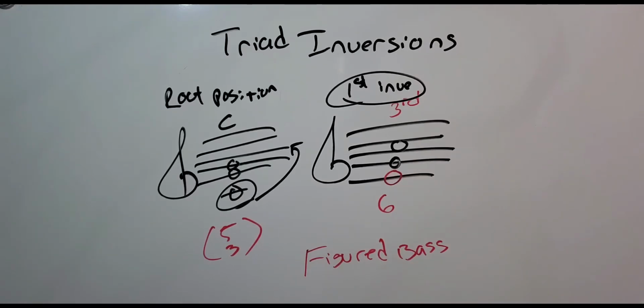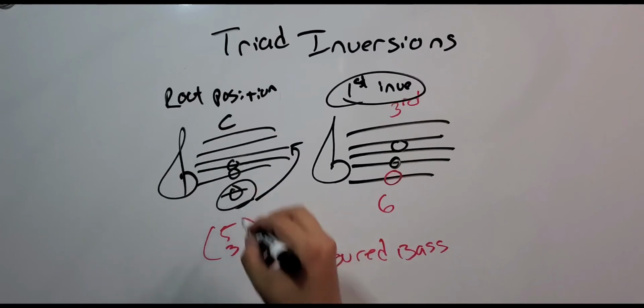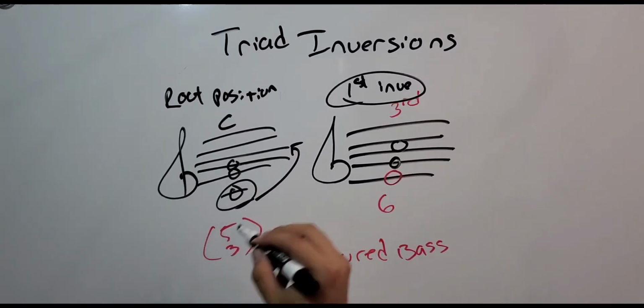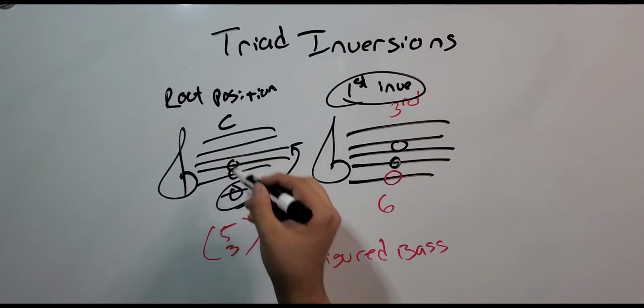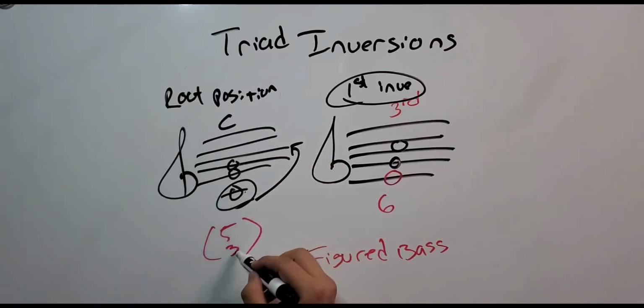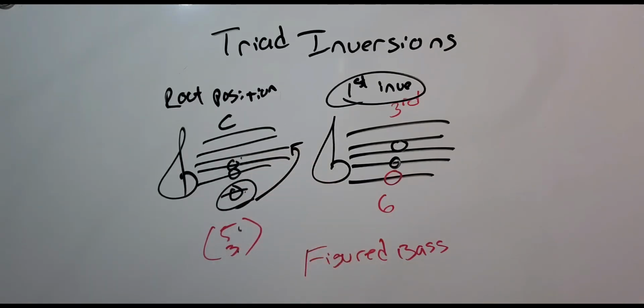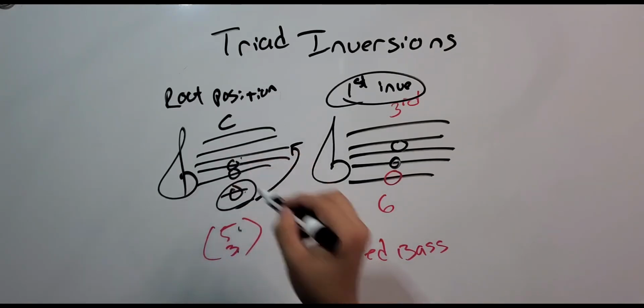Now, what that signifies is the intervals from the lowest sounding tone. Okay? Intervals from the lowest sounding tone. So, the lowest sounding tone in root position is C. Third is E. Fifth is G. You see that? Third, fifth.